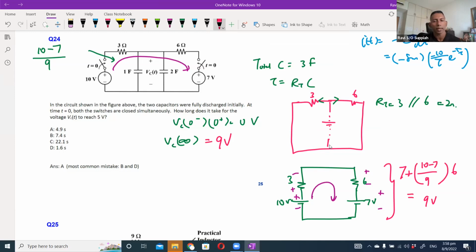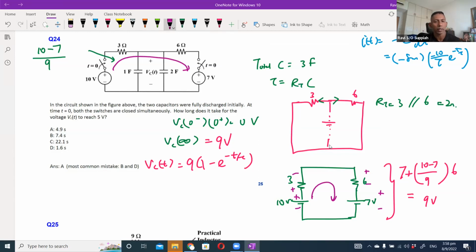With that, I can have the expression for VC(t), which is 9 times 1 minus e to the minus t by tau. What I want is how long it takes for the voltage to reach 5 volts.